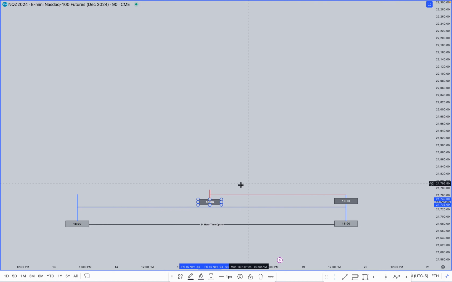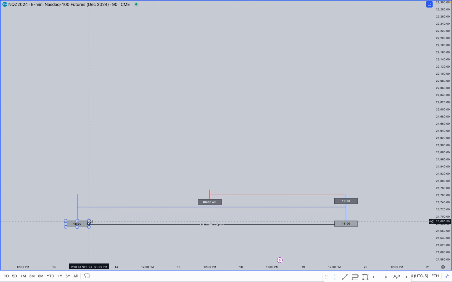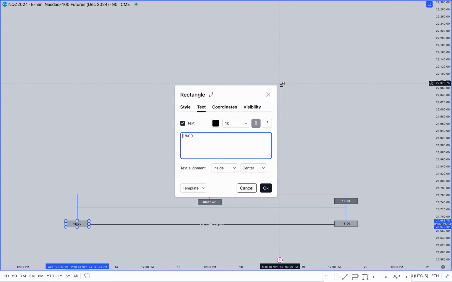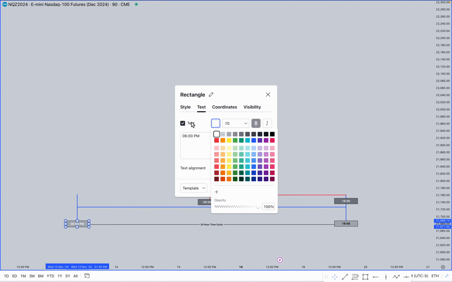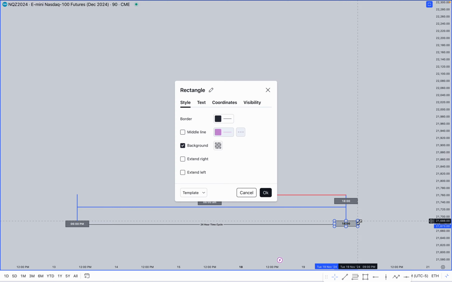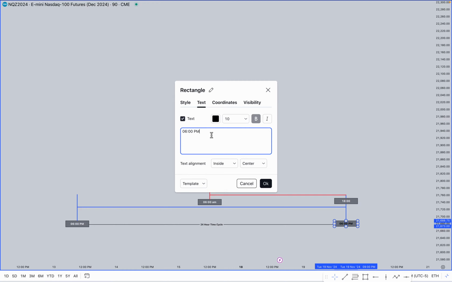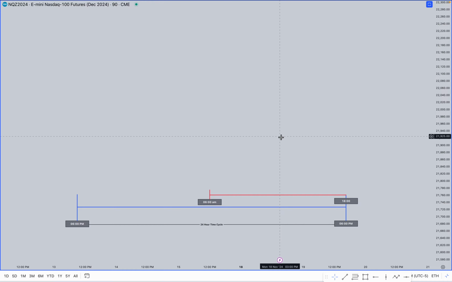From here to here, right? This is gonna be 6 a.m. Right, let me fix these times because I don't want to confuse some other people, right? This is p.m. Let's make it white, and then let's make this like that, right? And let's make this like this, and then this like this, right?